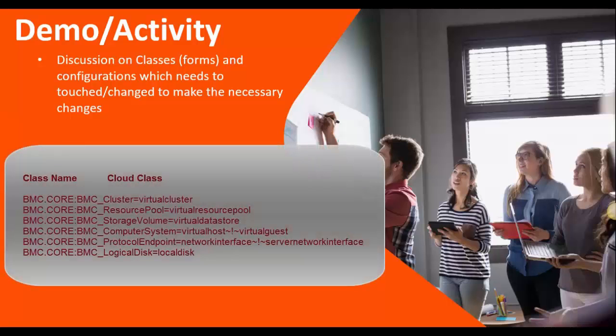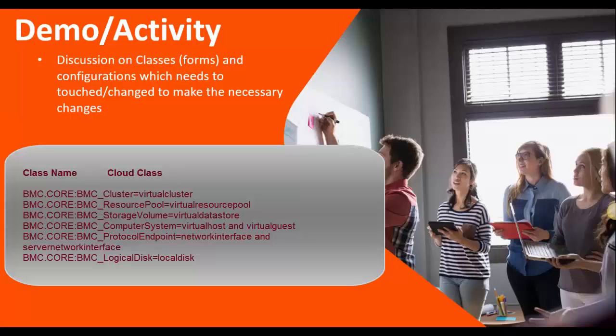For example, BMC_Cluster, BMC_ResourcePool, BMC_StorageVolume, BMC_ComputerSystem, BMC_ProtocolEndpoint, and BMC_LogicalDisk. When you search into these forms, we need to populate the specific cloud classes data, and then we need to replace the old vCenter URI with a new vCenter URI.